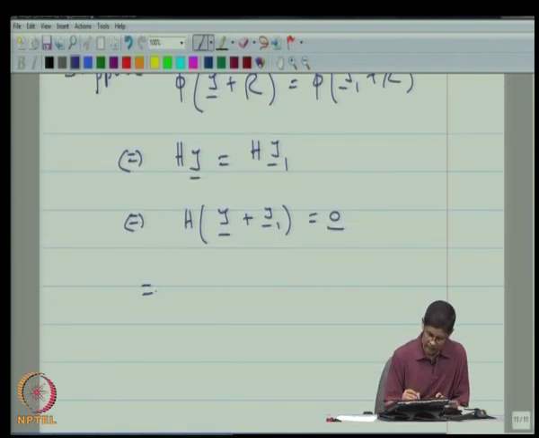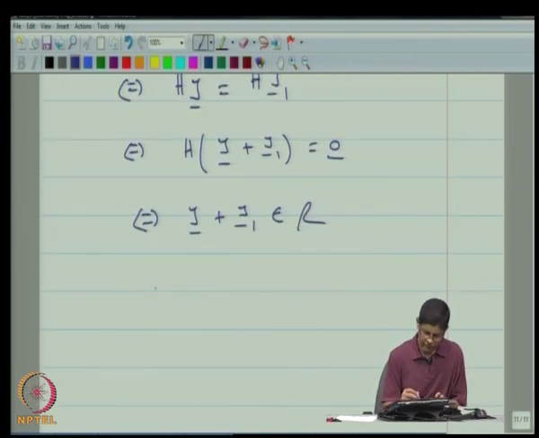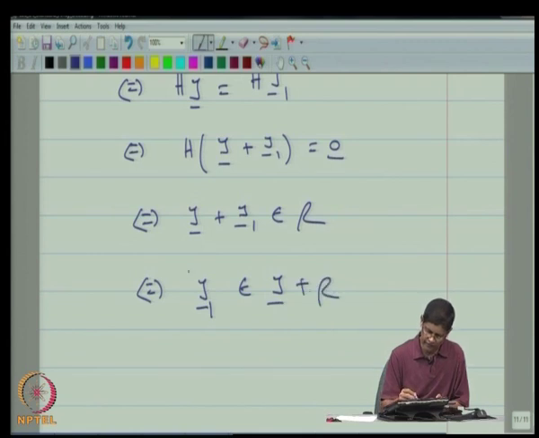But that is equivalent to saying that y plus y1 belongs to the code, which is equivalent to saying that y1 belongs to y plus c.